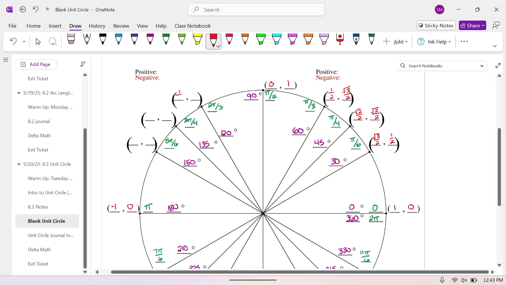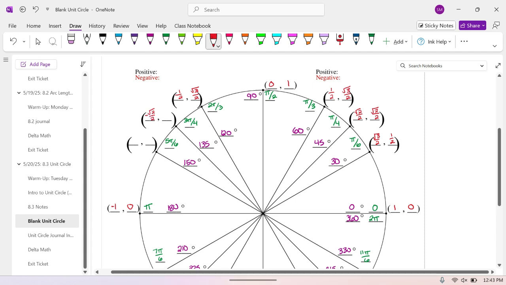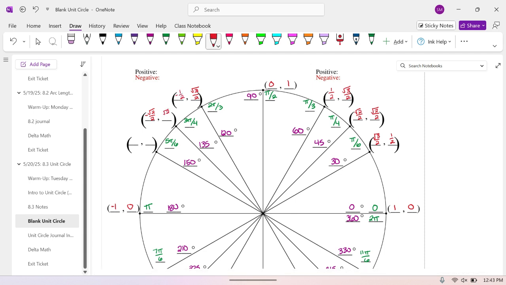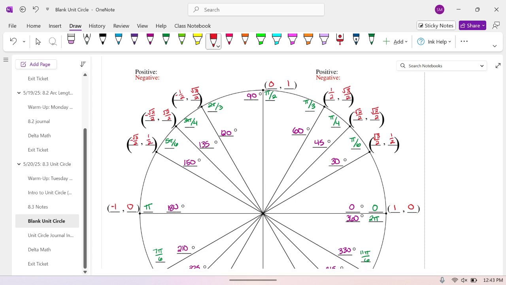Then we have negative 1/2, square root 3 over 2, negative square root 2 over 2, square root 2 over 2, negative square root 3 over 2, 1/2. So guys, again, we're just taking all the stuff that we did separately and just putting it all into one big circle.